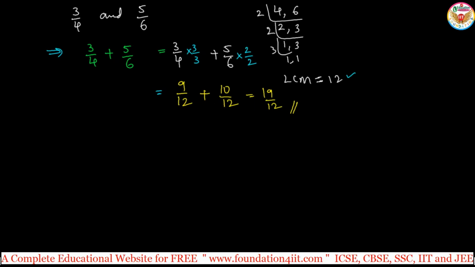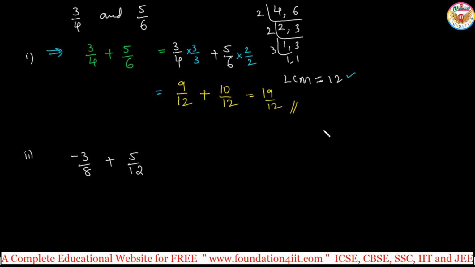Okay, let's see another example with negatives. Minus 3/8 plus 5/12. Here 8 and 12 are the denominators. Whenever the denominators are the same, then only we can add or subtract the numerators.